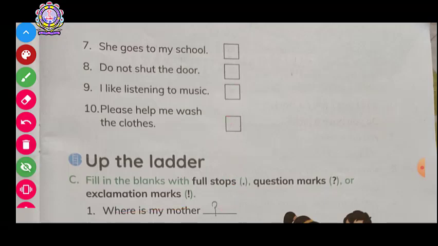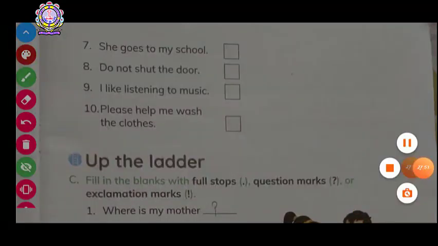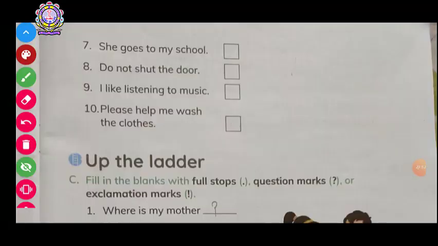She goes to my school. Yes, this is also giving information. Do not shut the door. So what is this?